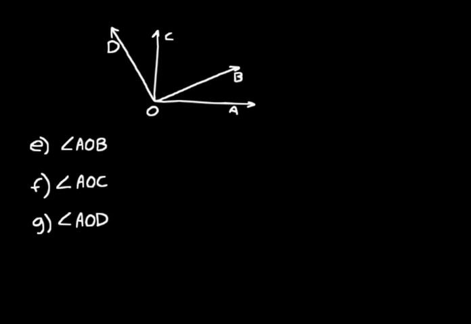So it's good to just be able to look at something and say, oh, that's a 50 degree angle, or that's a 45 degree angle. Why don't you try to estimate each of these angles that I have up here, and then I'll tell you what the actual answers are. If you want to try to measure, estimate it first, and then put your protractor up on the screen, you can do that to try to get the actual result.